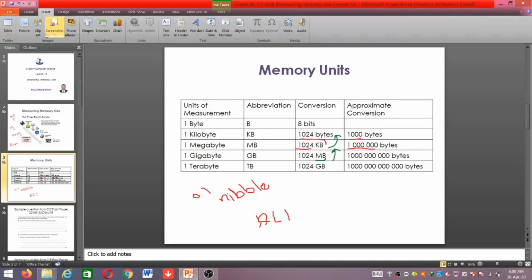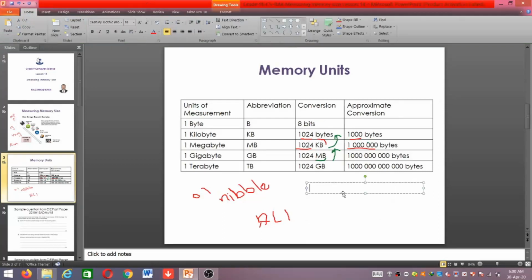Let me take a text box and show you something different. Look here. If we say 1 MB, let's start with KB. So 1 KB is equal to 1024 bytes, right?